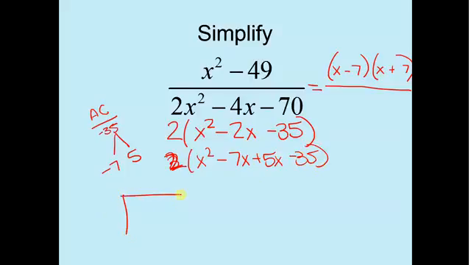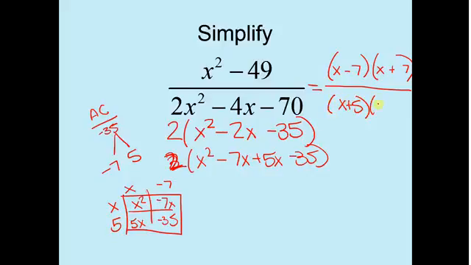Box this, see if it works. x squared, negative 7x, positive 5x, negative 35. I have an x, a negative 7, and a 5. So on the bottom here, I'm going to have x plus 5, x minus 7.